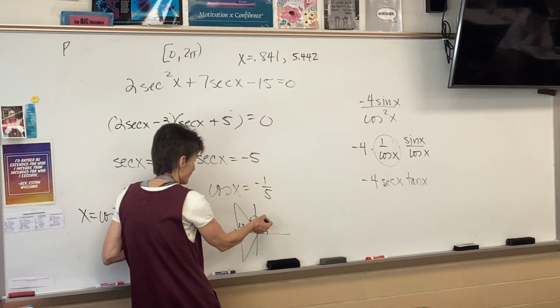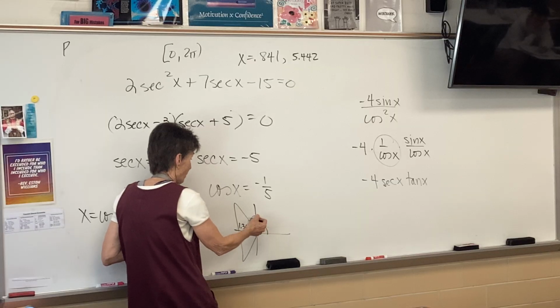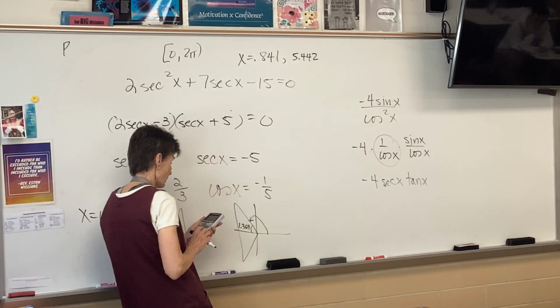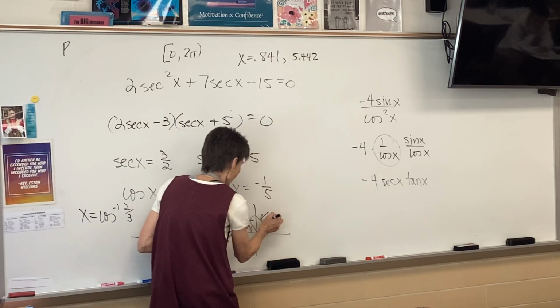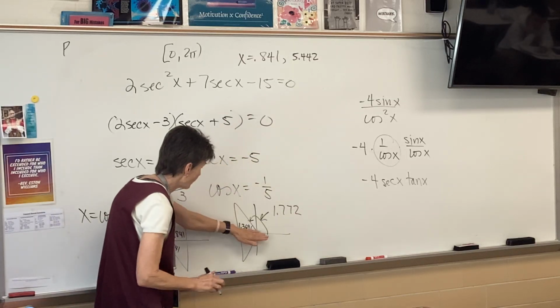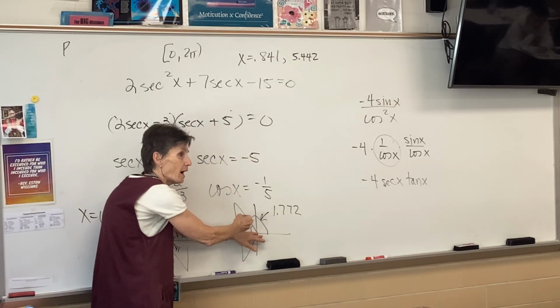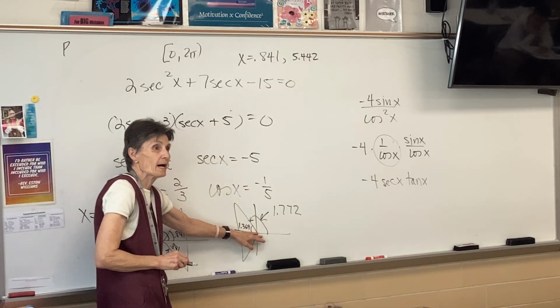The answer is the quadrant 2 version of that, and how would I find it? It doesn't have anything to do with π over 2. π minus, yeah. So it's π minus that number. This angle right here is 1.772. All the way to my hand is π; I stopped 1.369 before I got there.